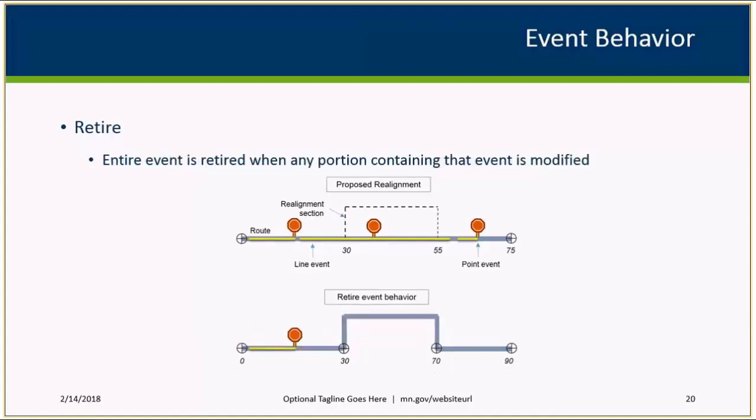For the retire behavior, the entire event is retired when any portion containing the event is modified. So as soon as we do the realignment, the rest of the event is retired and it won't be there anymore.